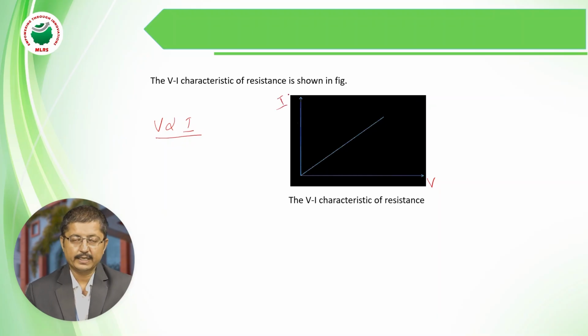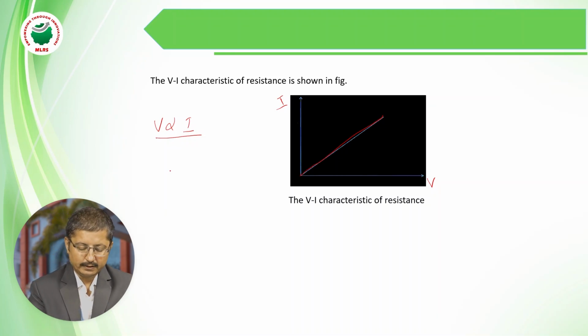That is a linear relationship. So if you change the voltage, the current in the circuit will change, and the corresponding characteristics we get are linear characteristics.